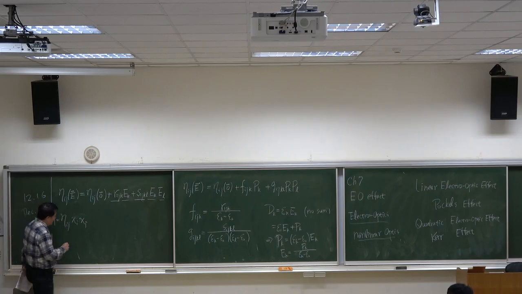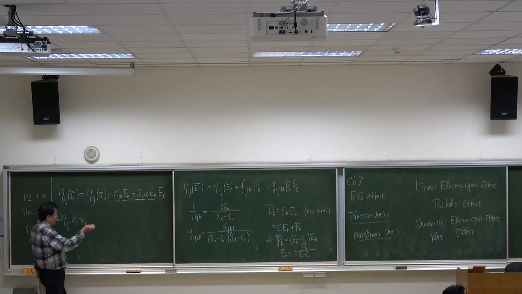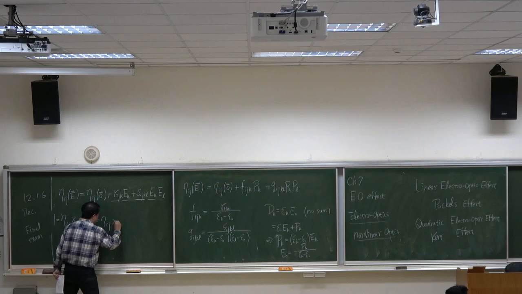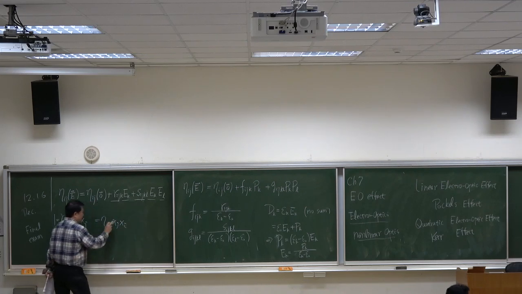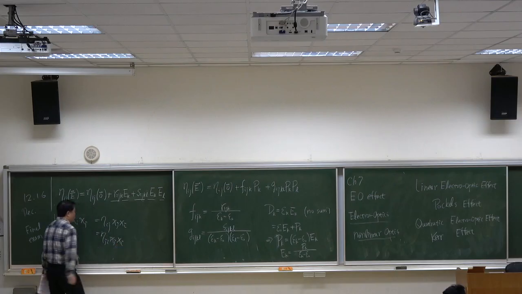So this means that if we replace i by j, we can write this as xj xi, and this is just equal to this one, because i and j are dummy indices.